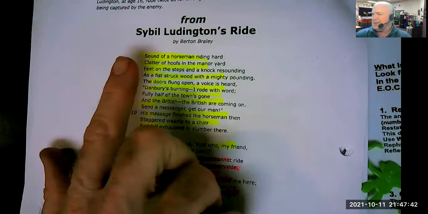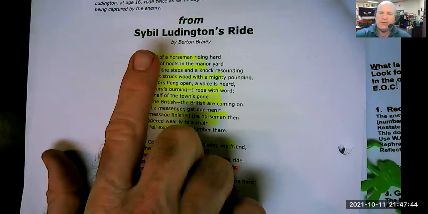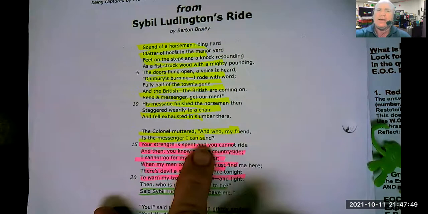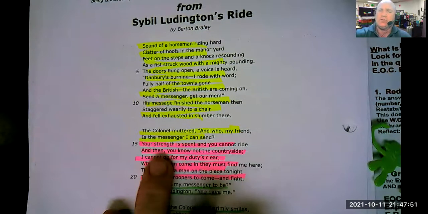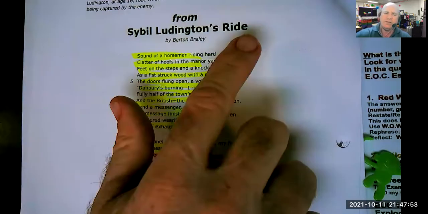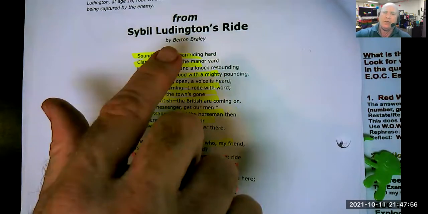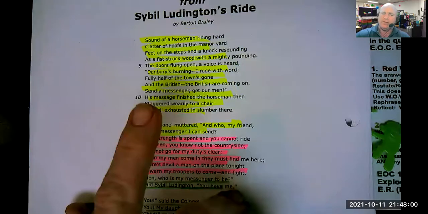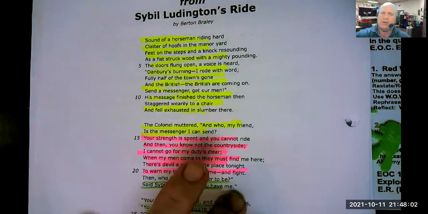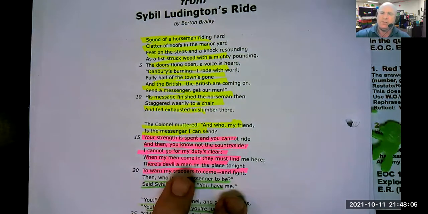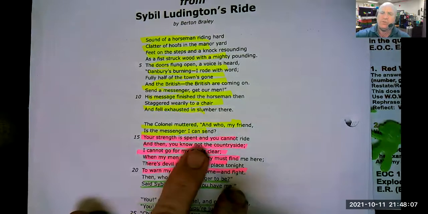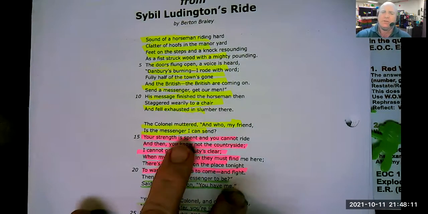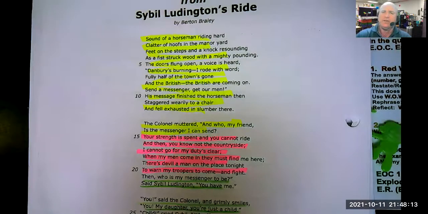And so if we're going to find out how these lines play a role in this ride that Sybil Ludington took, we better see it in the context. So I underlined the first part yellow, the middle part red, that we're going to be keying in on how important is this, what function do these lines play in the context of the content of the entire play.